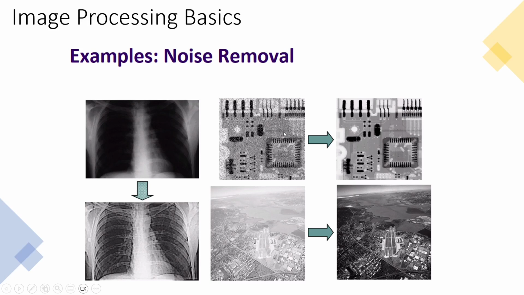If you apply the correct filter, you can get rid of this noise. Or in this case, you have problems with the contrast of the image, and in order to make it look much better, you can change the contrast of the original image to get this one. All these operations are image processing operations: adjusting the contrast, removing the noise, making it look much better.